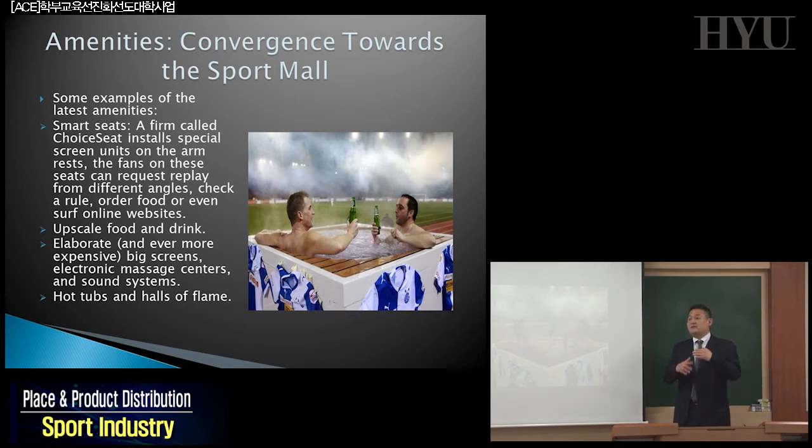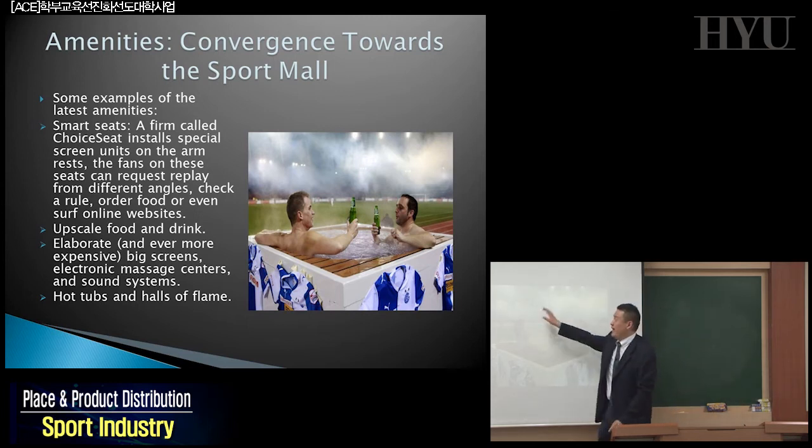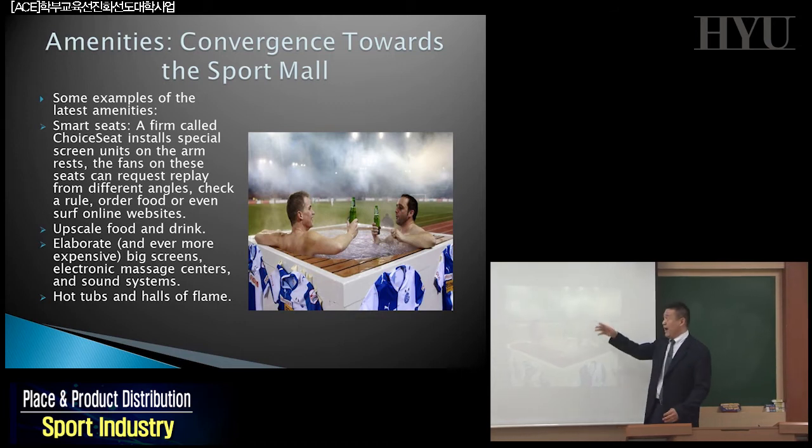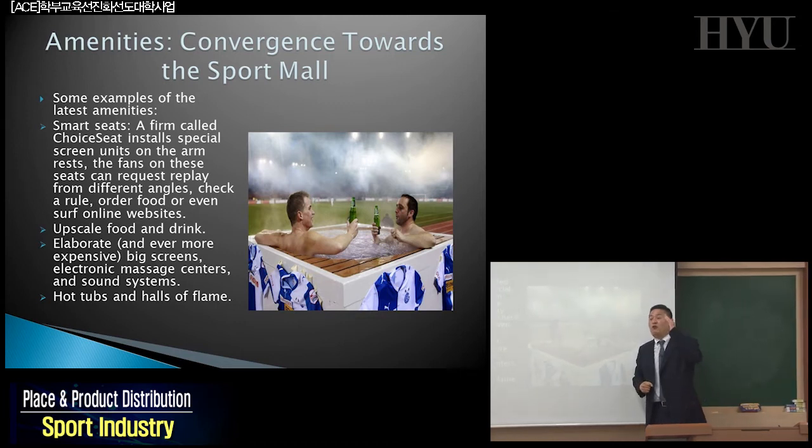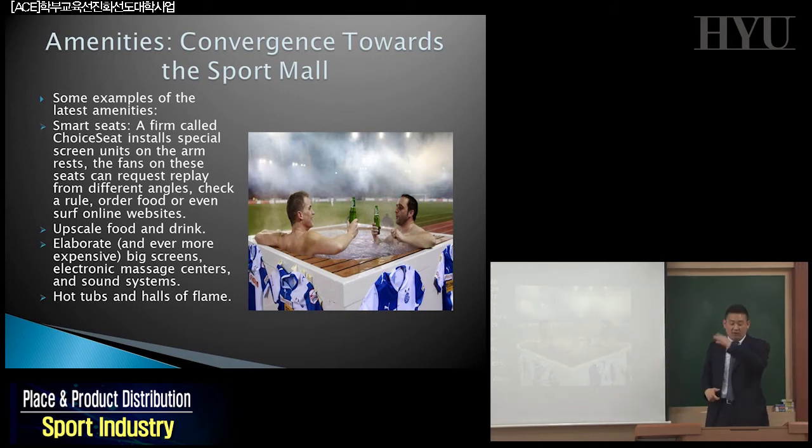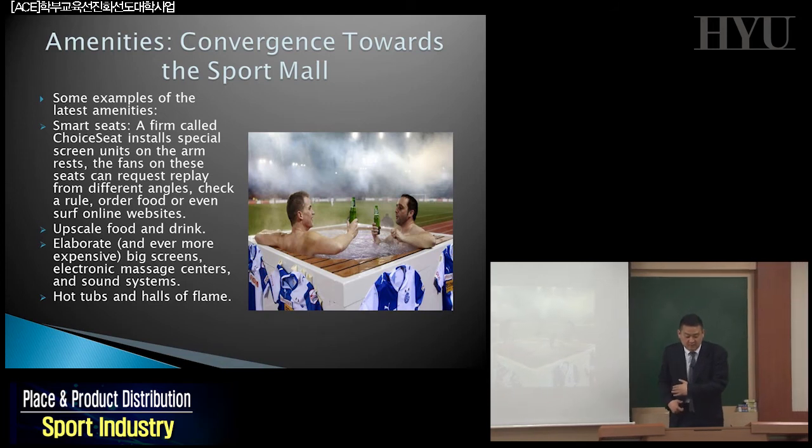Every kind of thing will be possible on smart seats. Sometimes customers pay a lot to get the smart seats, but when they pay a lot, they have the chance to watch the game from better seats, right? That is one example of the latest amenities, okay?